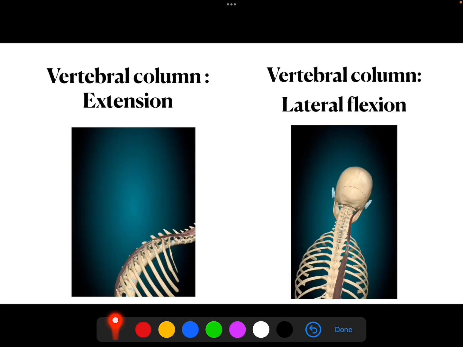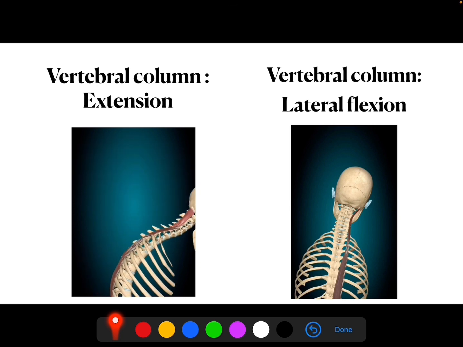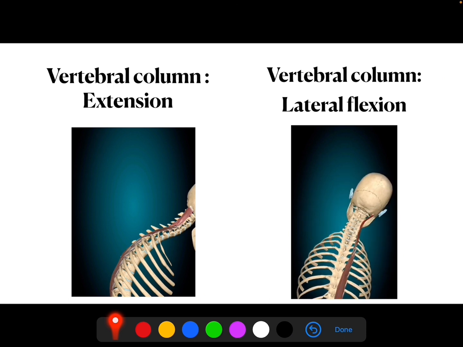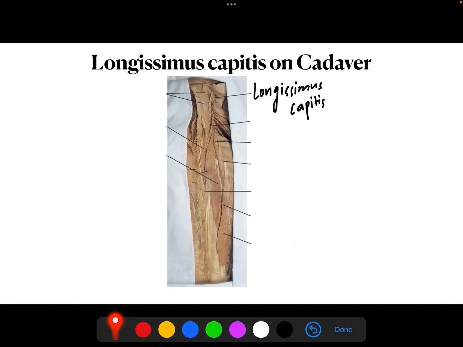Actions performed by this muscle: extension of vertebral column, lateral flexion of the vertebral column. This is what it looks like on the cadaver.